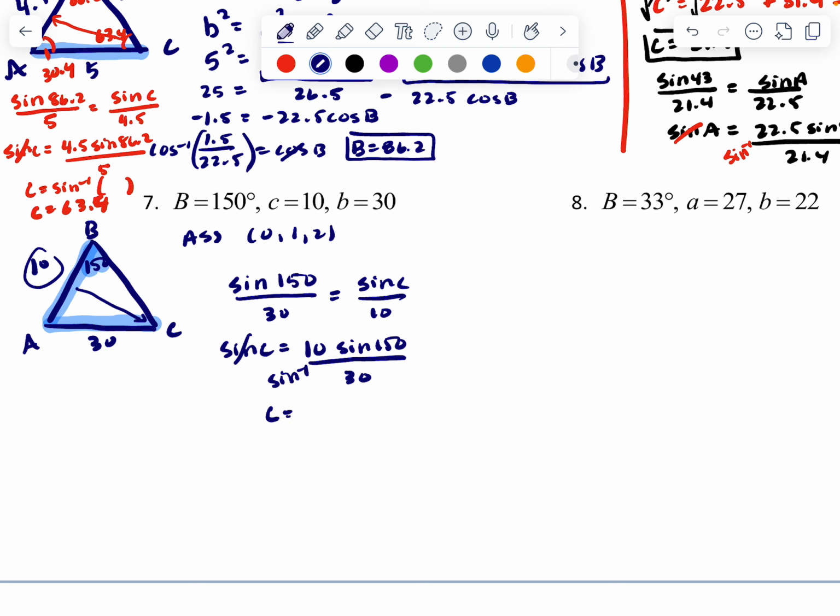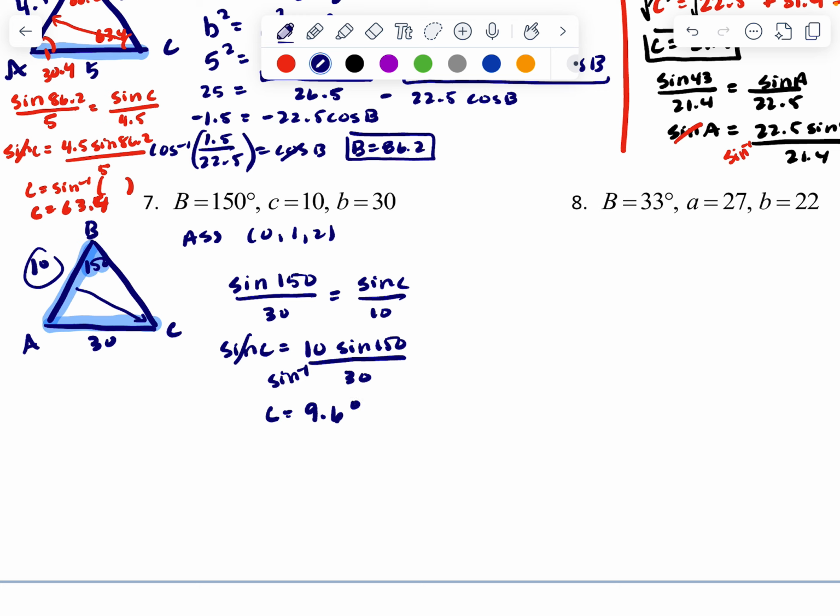So I'm going to get that angle C is sine inverse of 10 sine of 150, that whole thing divided by 30. And you guys, this time it actually did give me an answer. It gave me that angle C was about 9.6 degrees, okay?